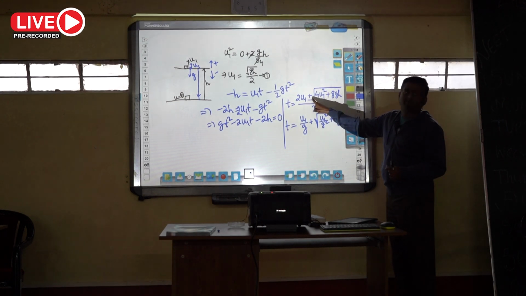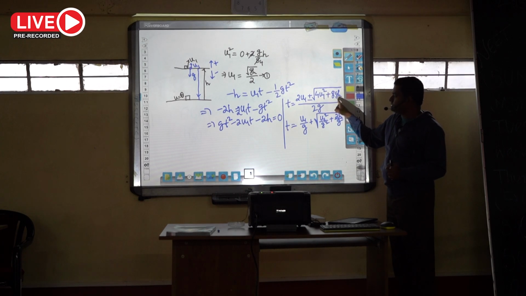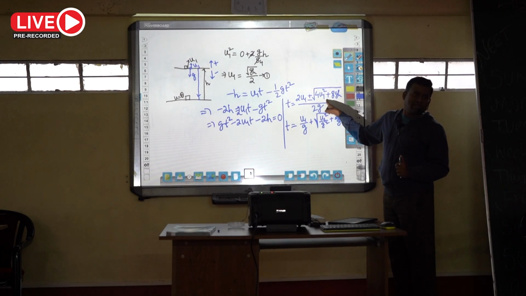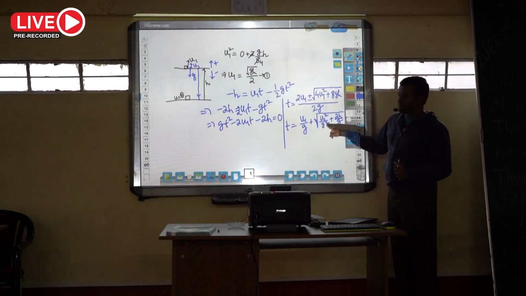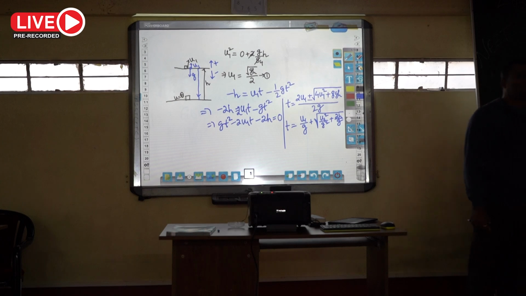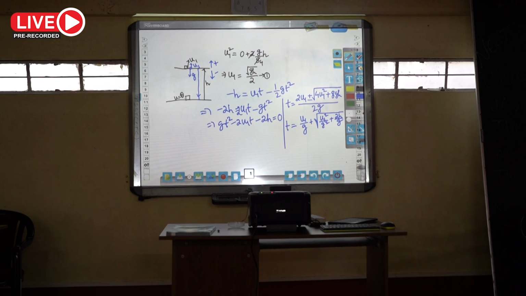Next term, take 4 common first. It will come out as a 2 after the square root, so this 2 and this 2 will cancel, so this term will be root over of u1 square plus 2gh by g. That g is taken inside the root by taking a square, so it will be u1 square by g square plus 2h by g, because there is 8. I have jumped 2 to 3 steps, and then put the value of u1. u1 is equation 1. Just put the value of equation 1 and simplify.